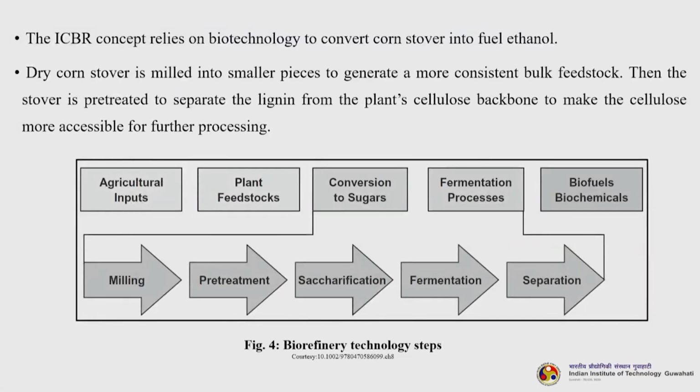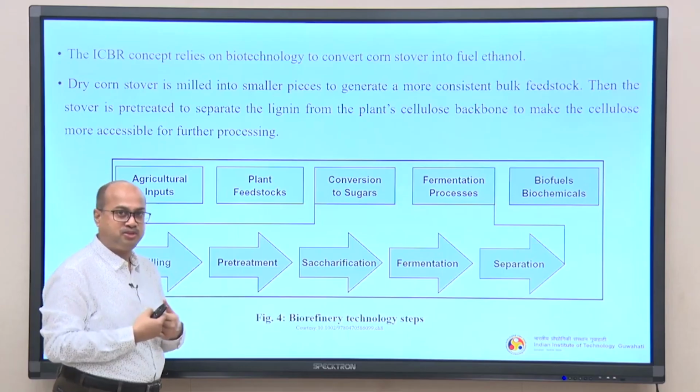The ICBR concept relies on biotechnology to convert corn stubble into fuel ethanol. Dry corn stubble is milled into smaller pieces to generate a more consistent bulk feedstock. Then the stubble is pretreated to separate the lignin from the plant cellulosic backbone to make cellulose more accessible for future processing. So, this milling and pretreatment are the pre-processing steps.